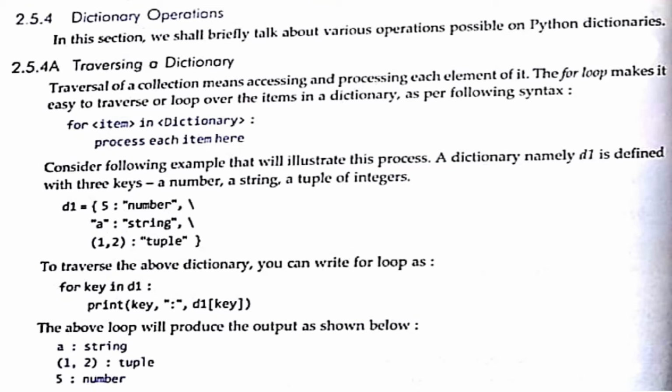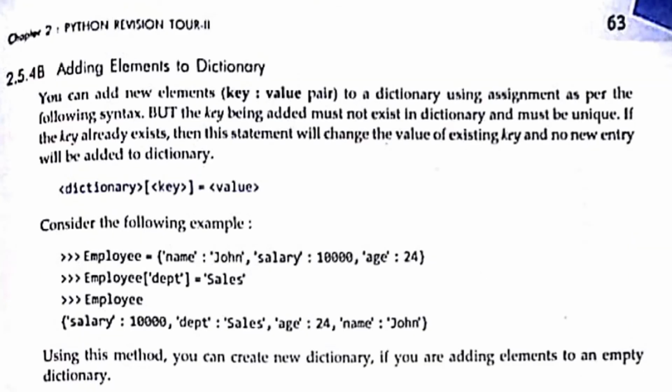Next is adding elements to dictionary. So you can add new elements to a dictionary using assignment as per the following syntax. But the key being added must not exist in the dictionary and must be unique. If the key is already existing, then the statement will change the value of the existing key and no new entry will be added to the dictionary.